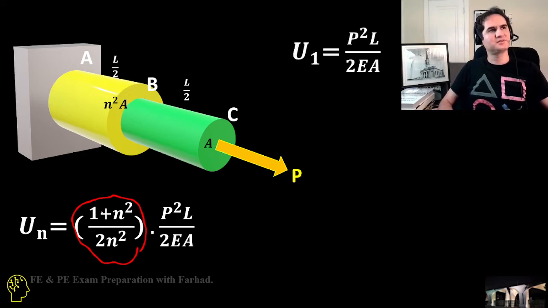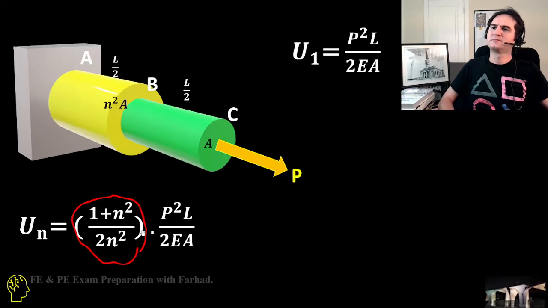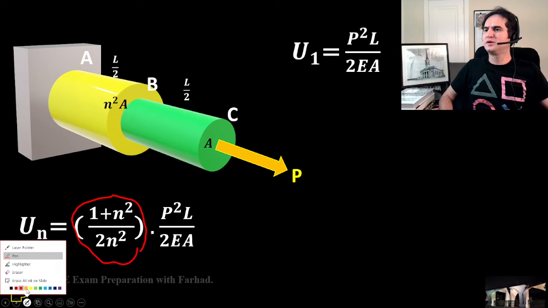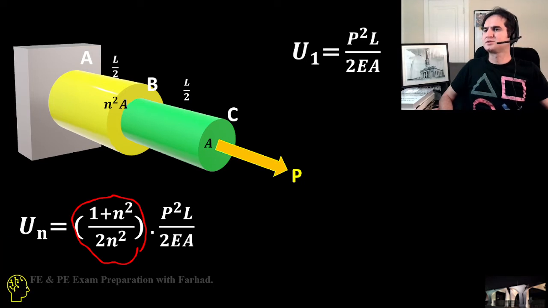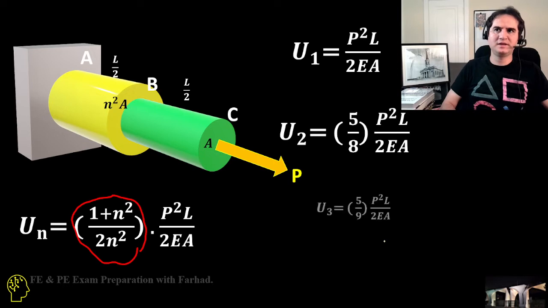The interesting part is if you calculate it for U1, it gives you P squared times L over 2EA. If you do the math for U2, it's 5 over 8 times P squared L over 2EA.